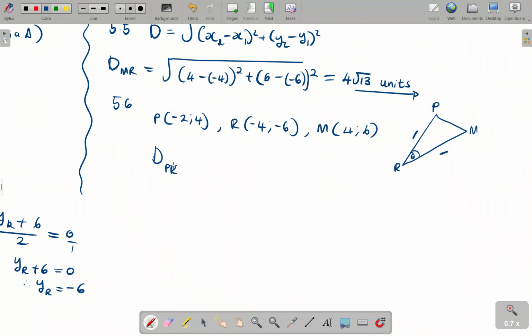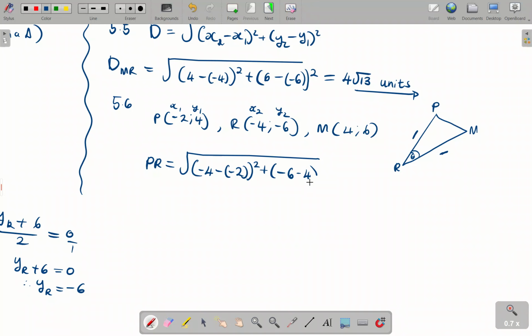So the distance PR, we can simply say PR is equal to the square root of what? I'm just going to say this is my x1, y1, x2, y2. Using that formula, your x2 will be -4 minus your x1, -2, and then squared, plus your y2, -6, minus your y1, 4.